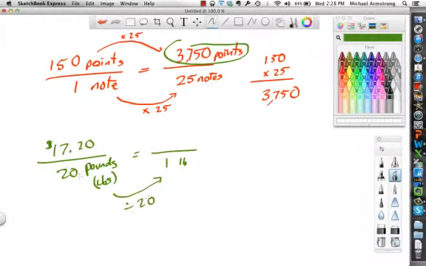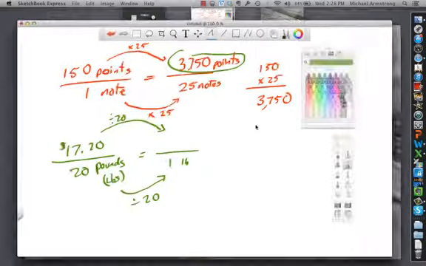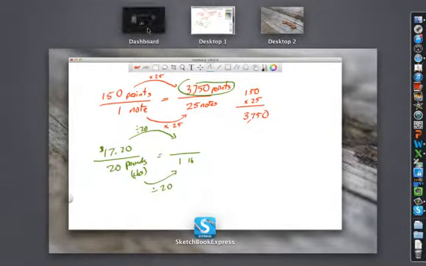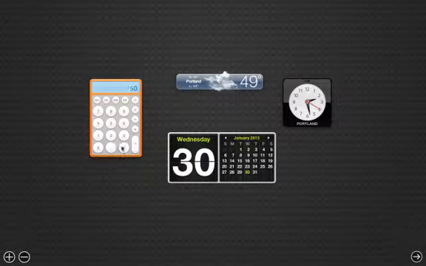Divide by 20. 20 divided by 20 is 1. So 17.20 divided by 20 is some number. And again, straight to the calculator for this. 17.2, that's the same as 17.20. Divide by 20, and let's see what we get. It should be less than $1 a pound.